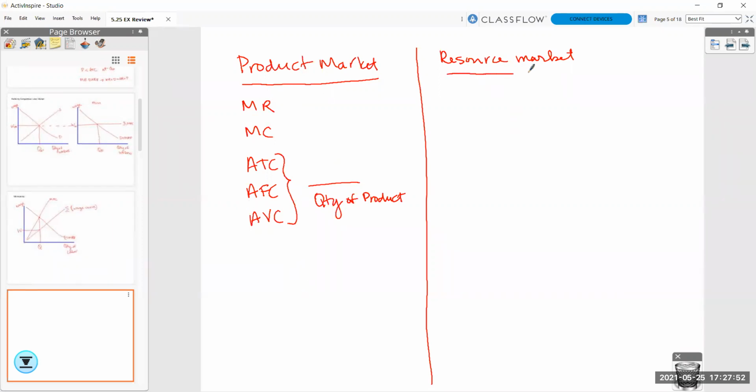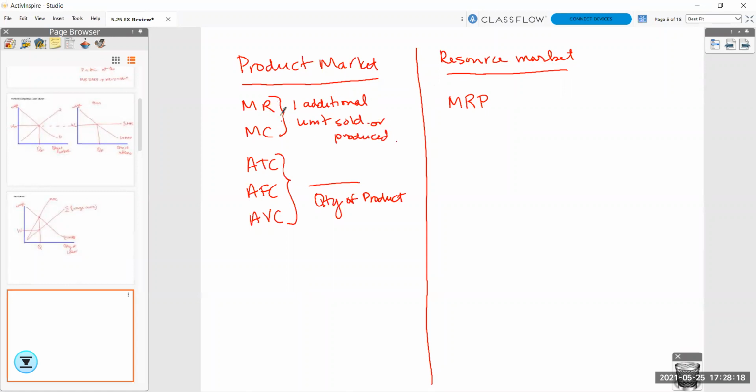Over on the resource market, the marginal revenue sounds really close because it's the marginal revenue product. So these marginals are one additional unit sold or produced, right?